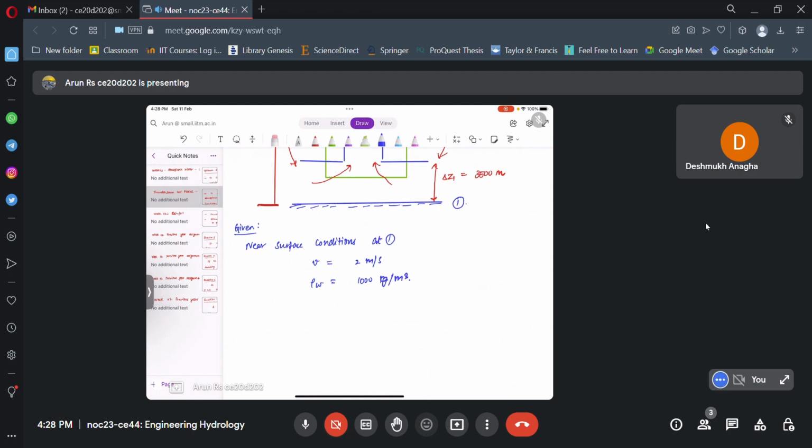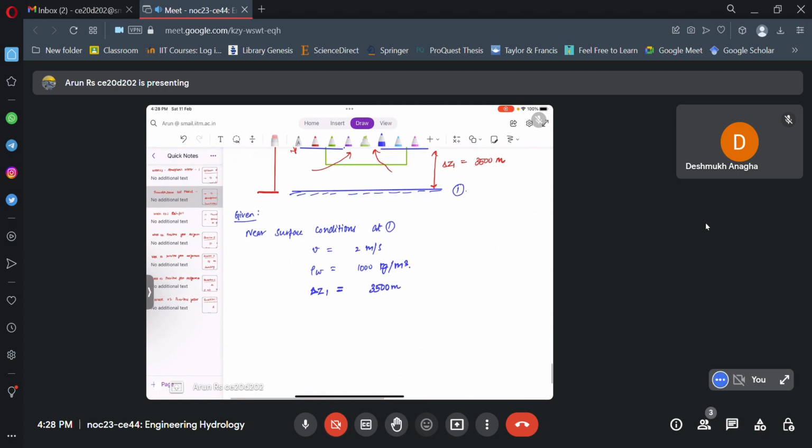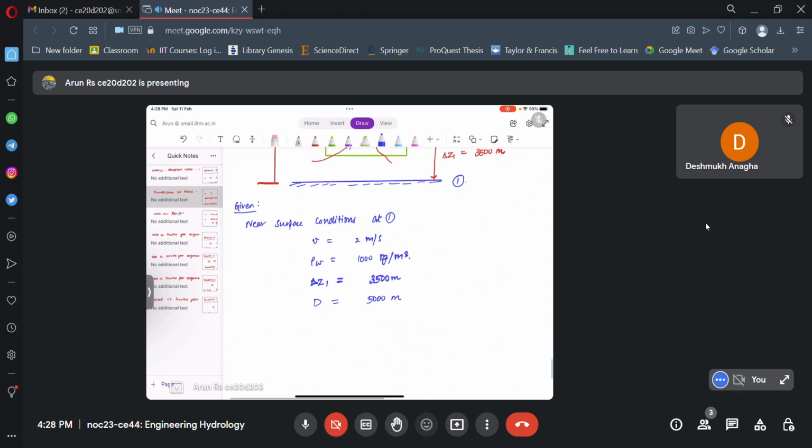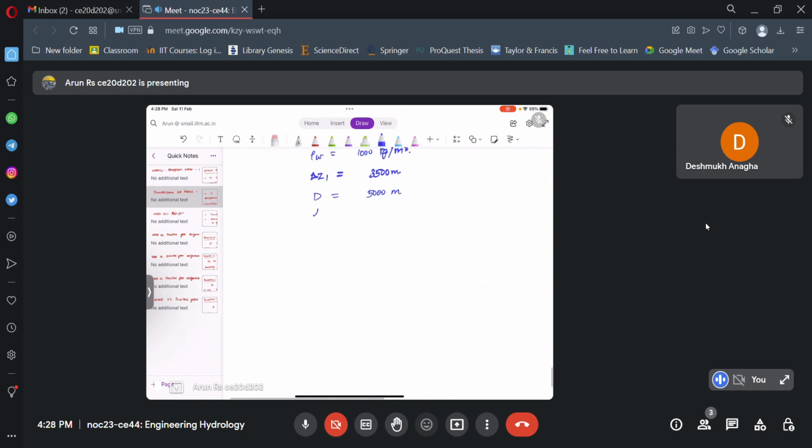This is a known quantity, and we have delta Z1 as 3500 meters, the diameter of the cloud base as 5000 meters, and the lapse rate, which is given as 7.5 degrees per kilometer. Now we are going to divide the entire cell into 3 parts.